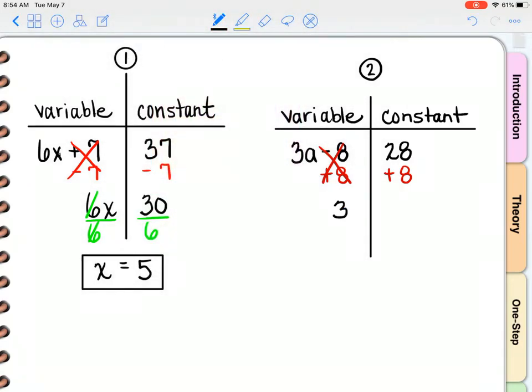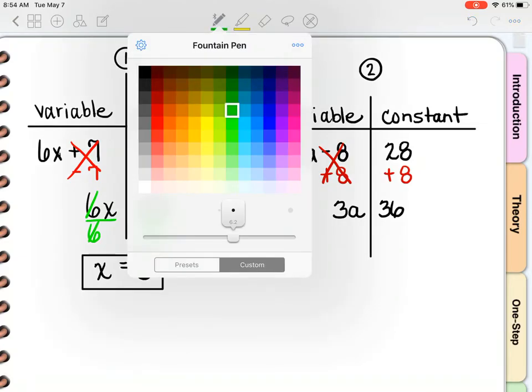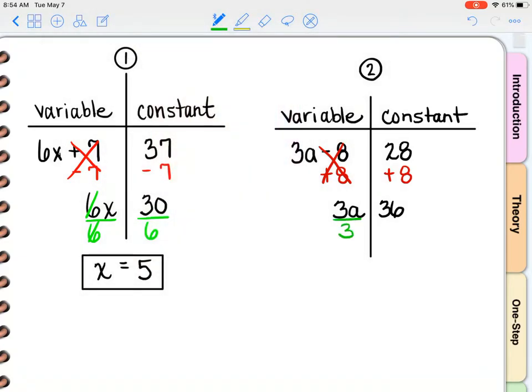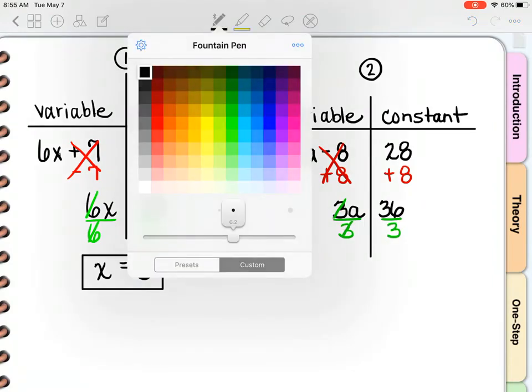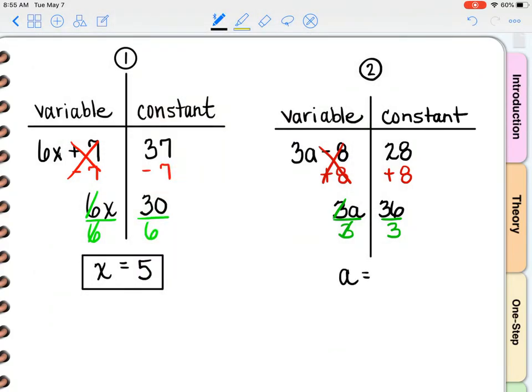So I'm left with 3a. 28 plus 8 is 36. Use your calculator if you need it. That is fine. So let's divide the coefficient out. And we're left with a equals 12. When you get to the end, you have your solution. Two-step equations.